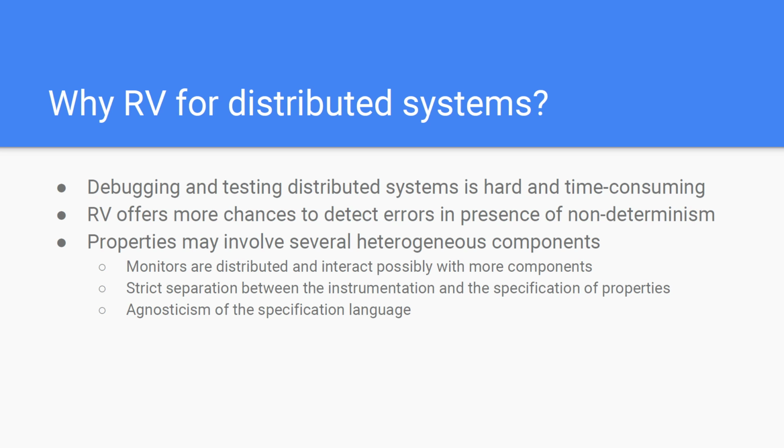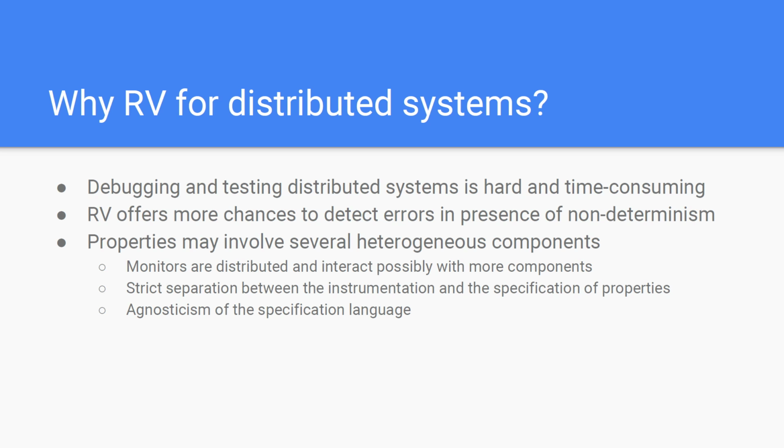Another interesting thing is that the properties you want to ensure may involve different components, which are heterogeneous. This means that they are implemented with different languages.